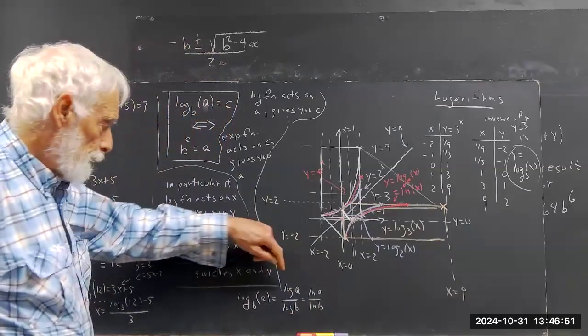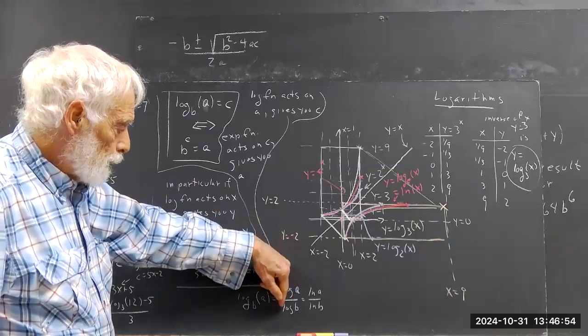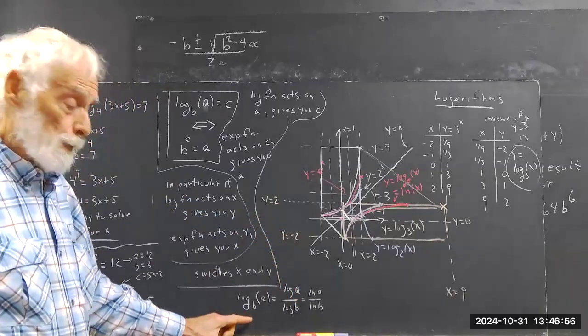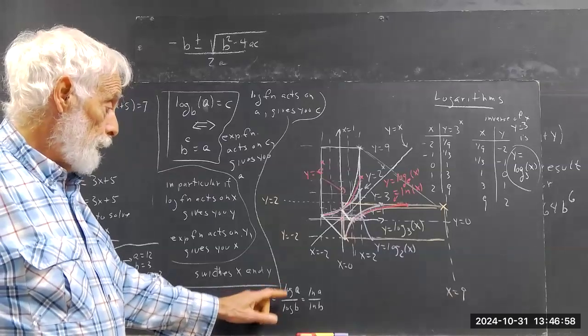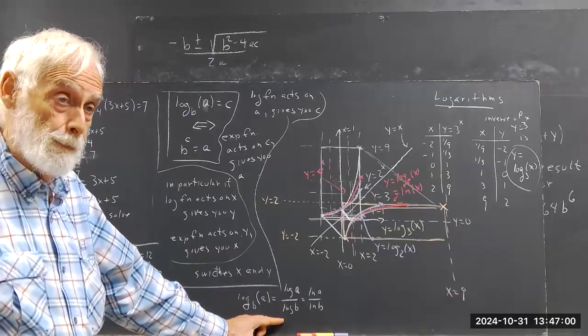Start out right here. That says log A over log B. That's what log base B of A is. It's log A divided by log B.